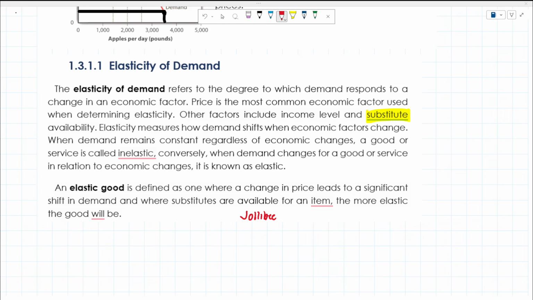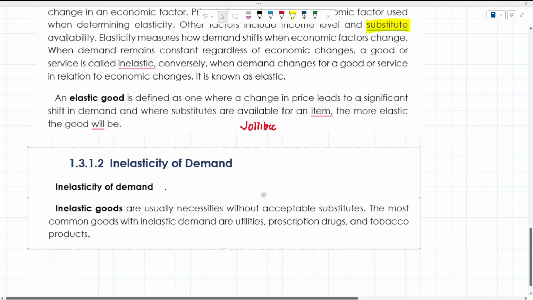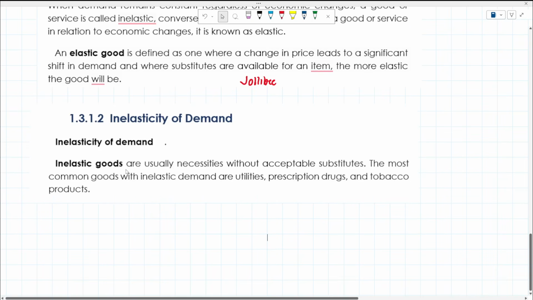So how do we compute that? Anyway, we have an elastic good there, but let me just pull up the inelastic good here. When something is inelastic, as I mentioned, they are usually necessities without acceptable substitutes. The most common goods with inelastic demand are utilities, electricity for example.